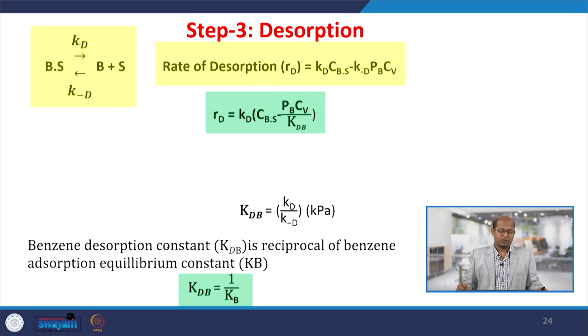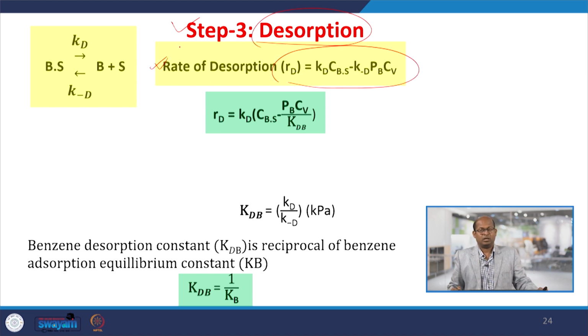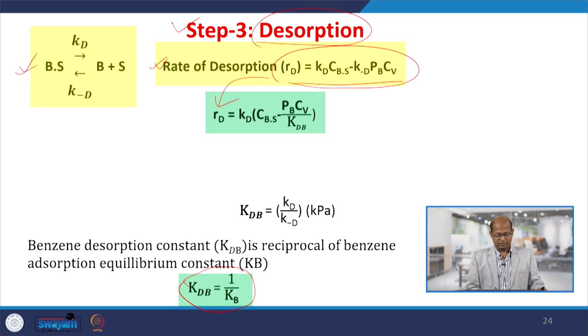Now similarly for step 3, the desorption: the rate of desorption for this reaction is written this way. The desorption rate constant is inversely proportional to the adsorption rate constant, KD equals 1 over KA, and we can substitute this here in terms of KB.